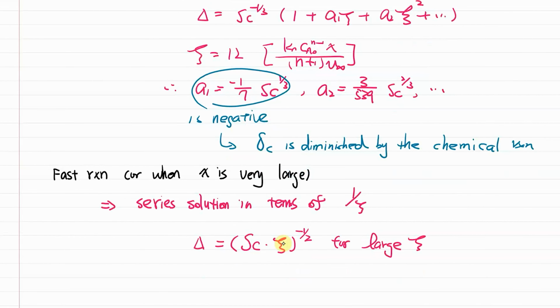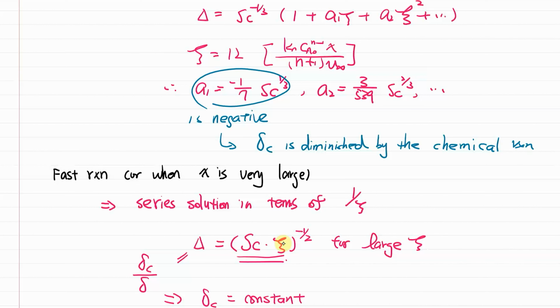And if you expand these, you would know that the left-hand side equals the diffusional boundary layer over the velocity boundary layer. So if you move terms together, it actually tells us that the thickness of the diffusional boundary layer is constant when you have a very fast reaction, or if you are very far away from the front of this plate.